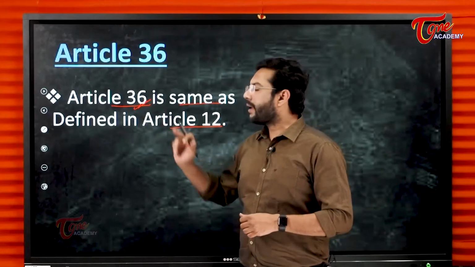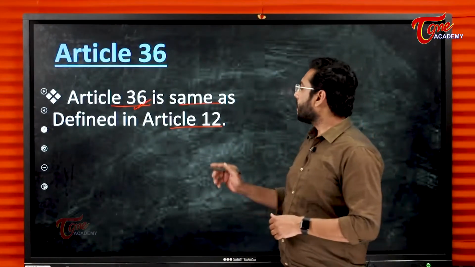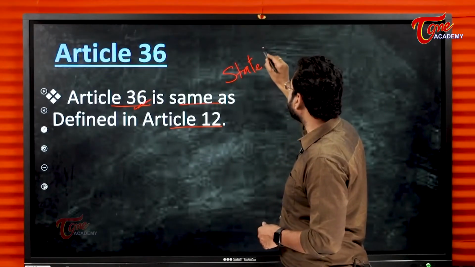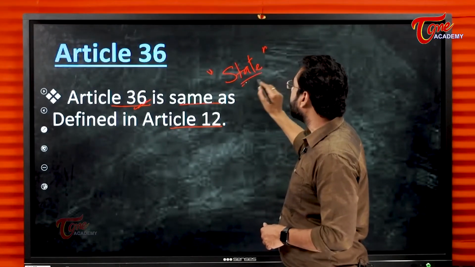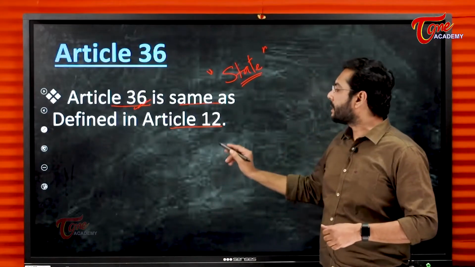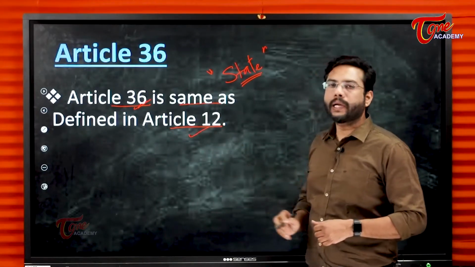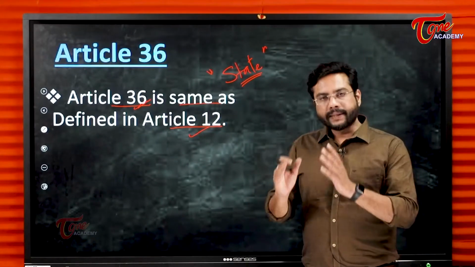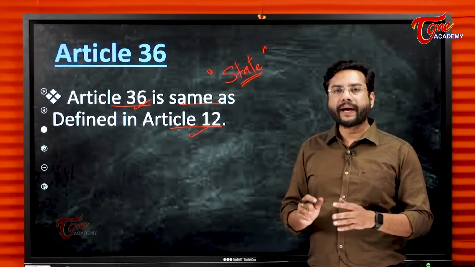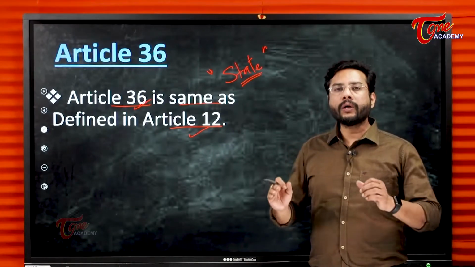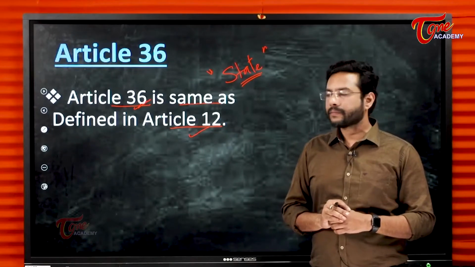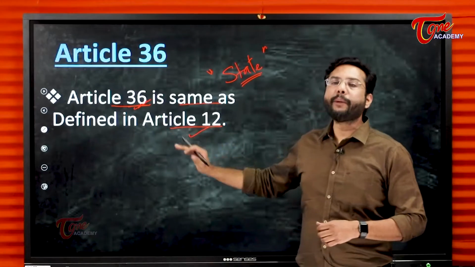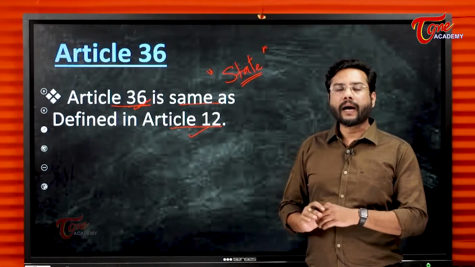The definition of state is defined in Article 36. It is the same as defined in Article 12. Article 12 is the first article in fundamental rights which has defined the state, what all is included in the state. And Article 36 also defines the state in the same manner as defined in Article 12.